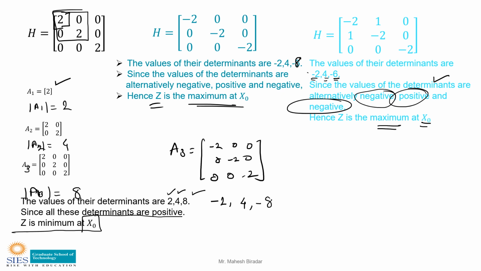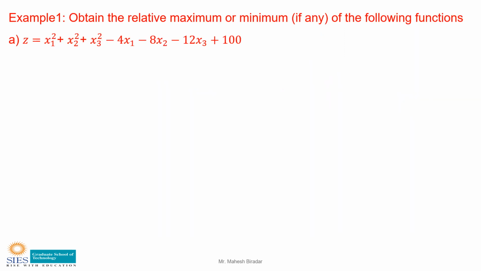So now it is clear that from the Hessian matrix, with the help of eigenvalues or with the help of principal minor diagonal elements, we can identify whether f is maximum or minimum or saddle at the stationary point or critical point.